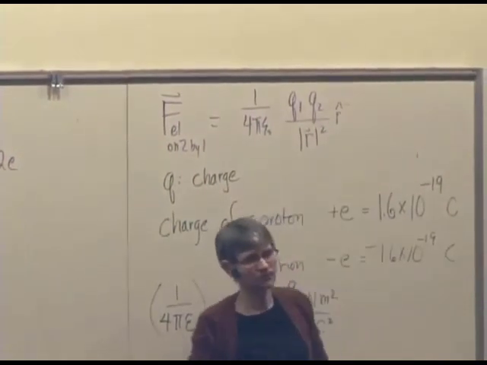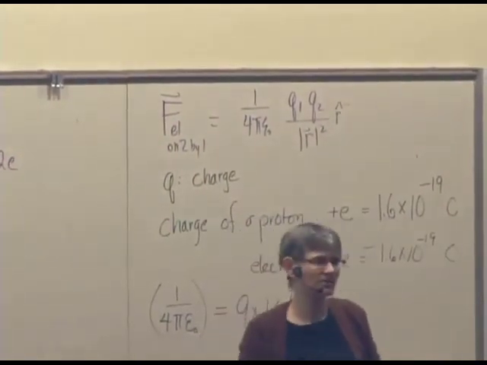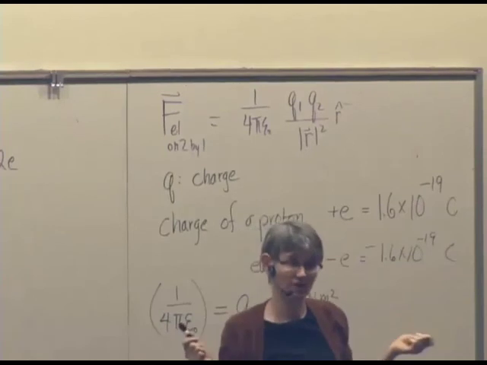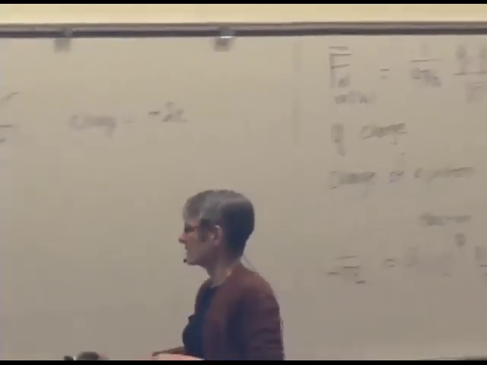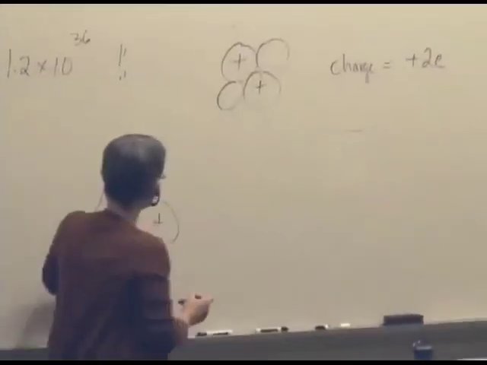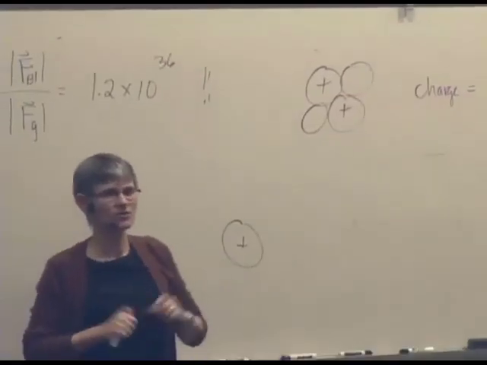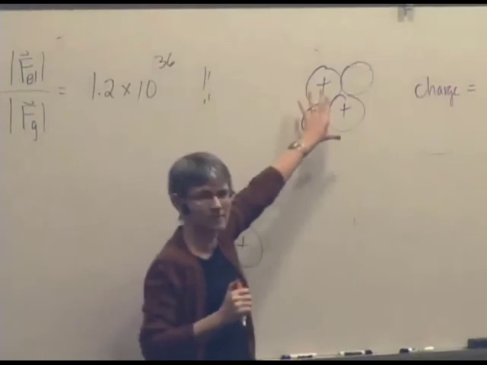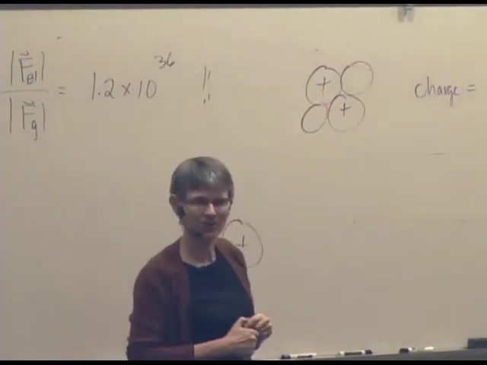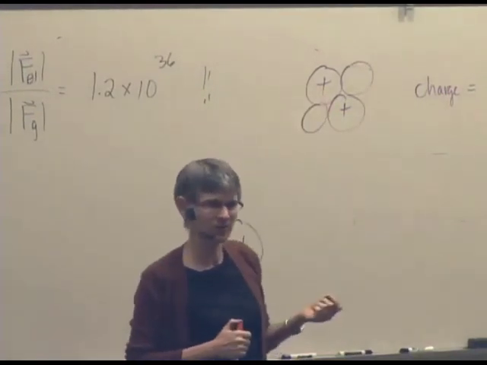R hat is different, but R hat is a unit vector, and its magnitude is 1. Now, how does it manage to do this? How does this puny little proton manage to exert just as big a force on this big macho alpha particle as the alpha particle exerts on the proton?